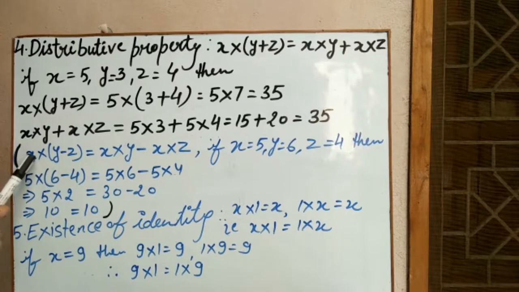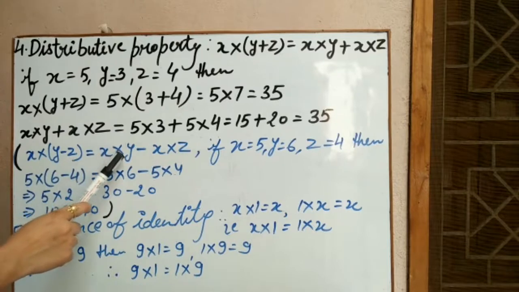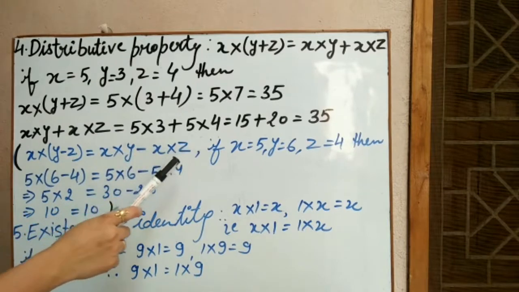Let's see. x into (y minus z) is equal to x into y minus x into z.